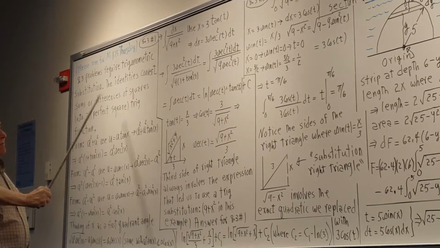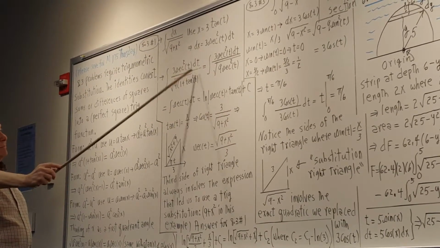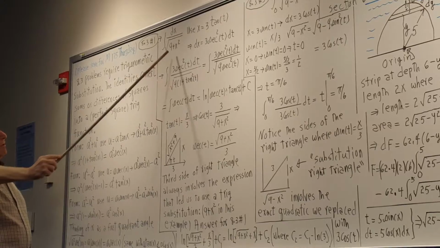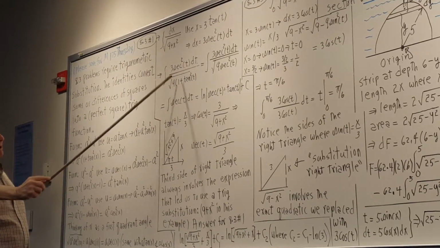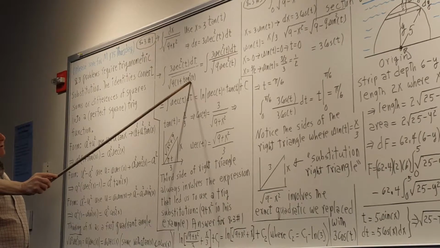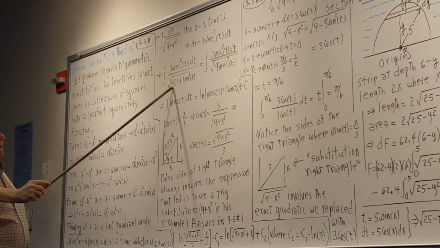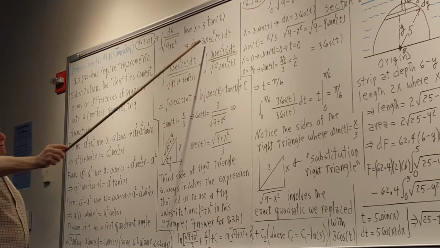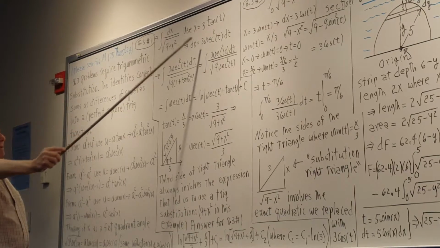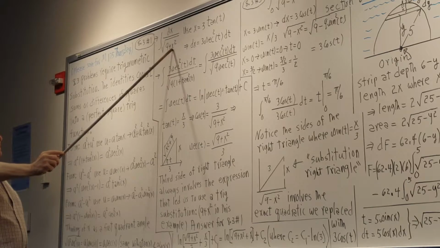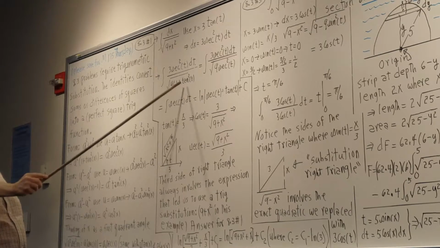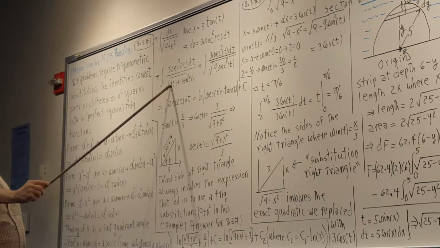As I said back here, when you make your replacement for your sum of squares, you're going to have 1 plus tangent square with the 9 factored out. You see here, your 3 tangent becomes 9 tangent square. You factor the 9.